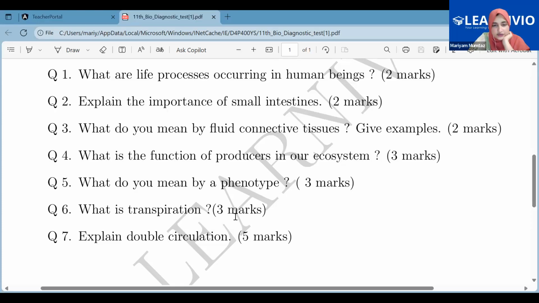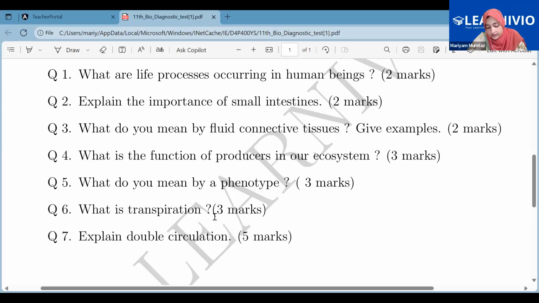Next question. What is transpiration? Transportation of water. No, it's not transportation of water. Think.